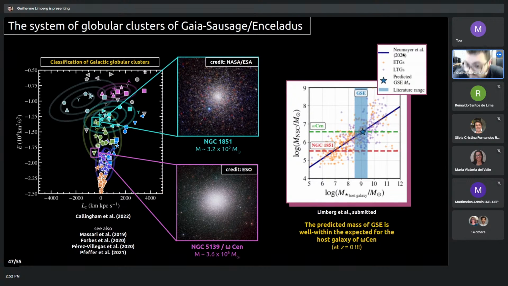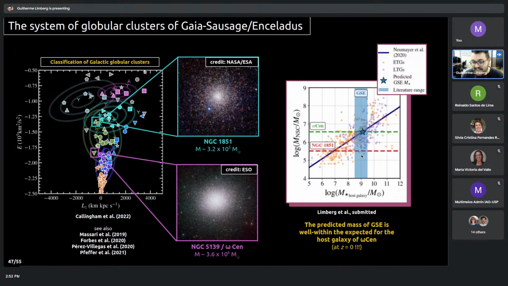2020. And we can see that the mass of Omega Centauri, the predicted stellar mass for the host galaxy of Omega Centauri, is well within the range of masses that we expect for Gaia-Sausage.